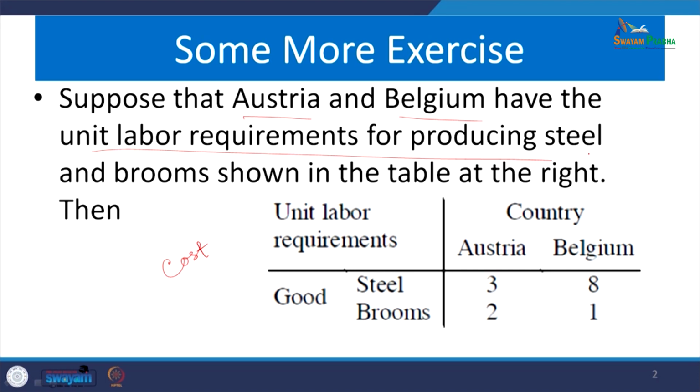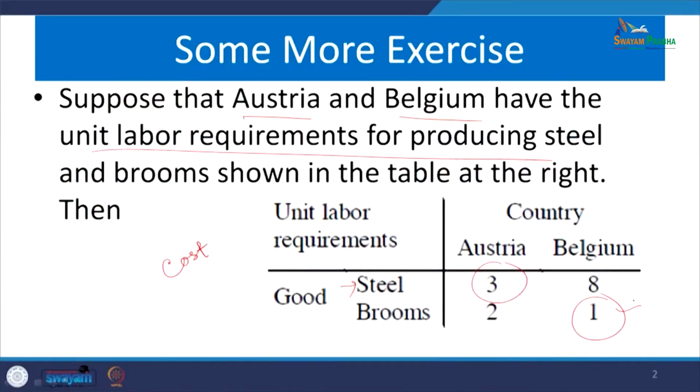Look at steel. Steel is produced with less expenditure in Austria as compared to Belgium, whereas brooms can be produced at a very cheap cost, half the cost of that in Austria. So, Belgium has an absolute advantage in brooms, whereas Austria has an absolute advantage in the production of steel.